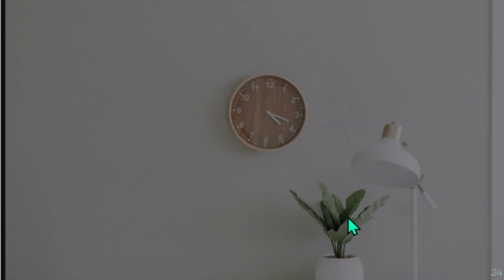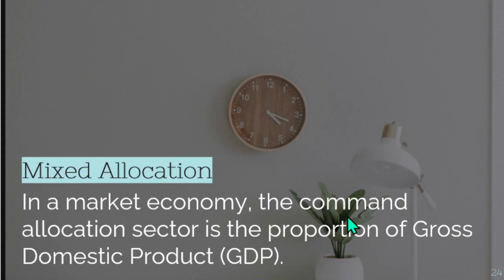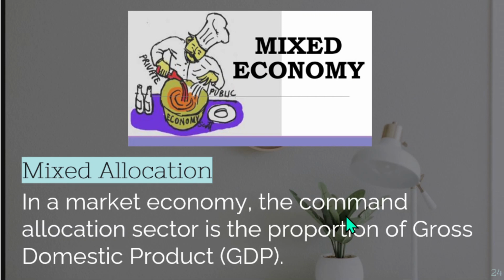Now, the third economic system or allocation is mixed, or we call it mixed economy. So, yan. In the market economy, the command allocation sector is a proportion of gross domestic product, GDP. So, in reality, wala namang pure na market or command allocation system sa mga ekonomiya natin. All market systems have a command sector and all command systems have a market sector. So, lahat naman merong, syempre lahat merong government.